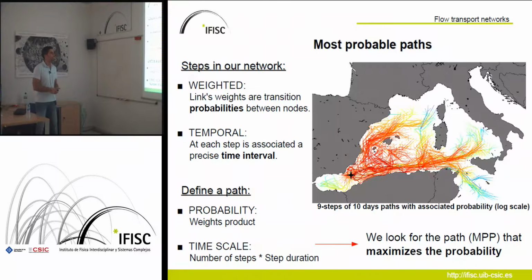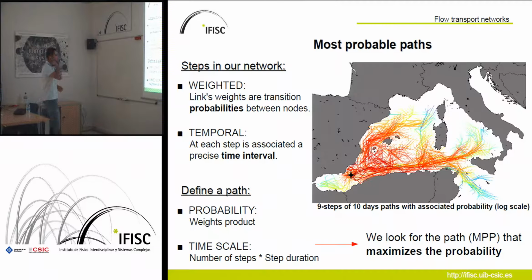So now let's try to define and characterize a path in our transport network. Well, our links, our steps of the path, are weighted, okay? And in particular, the weights of the network correspond to probabilities of transition between the two nodes, okay? And again, the network is temporal.